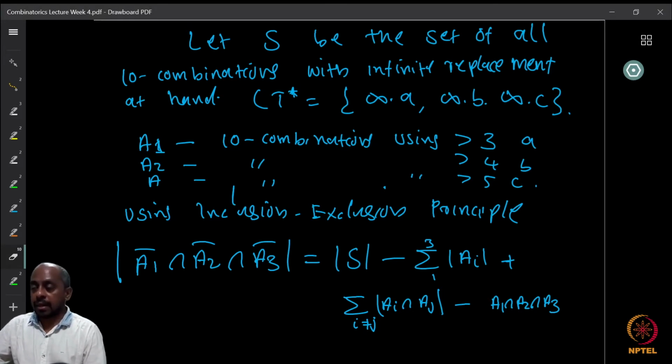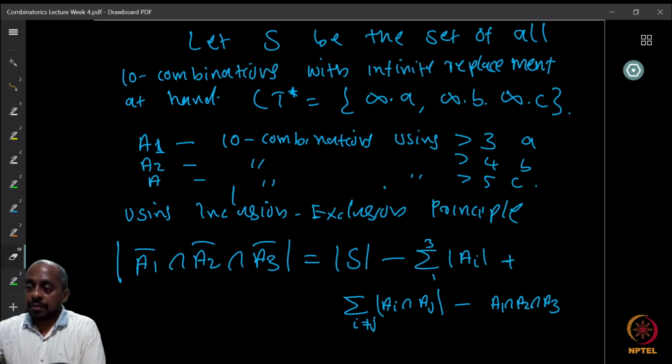And then you again subtract A1 intersection A2 intersection A3. This is what we want to do. So now all you have to do is to compute each of these quantities: the cardinality of S, and of each of the Ai and their intersections. Once we have this, we can get the answer.